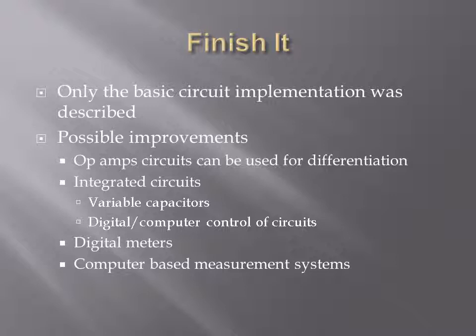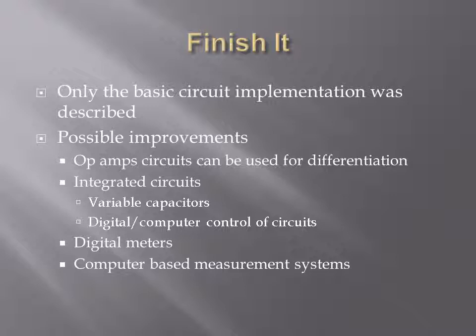We can also use integrated circuits, and these integrated circuits allow us to implement variable capacitors that can be controlled by digital inputs and give digital outputs. And then once we have acquired and added these digital components, we can use a digital computer to control the simulations and to control the behavior of the circuit.